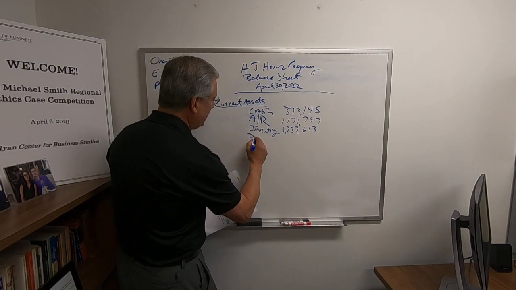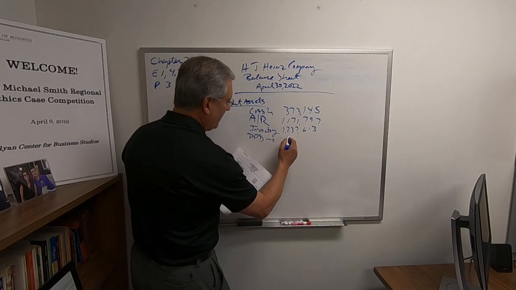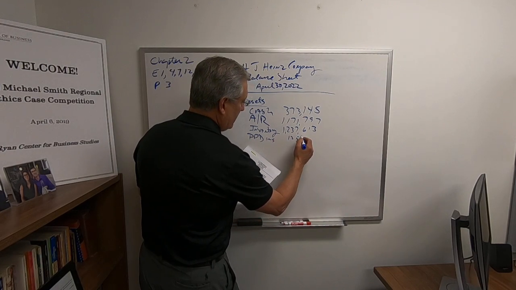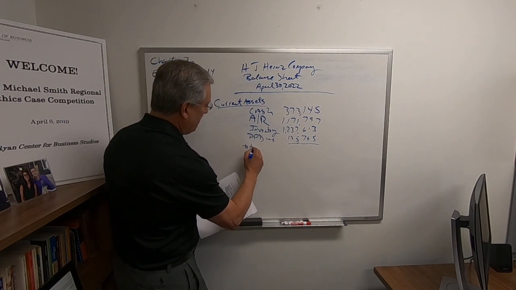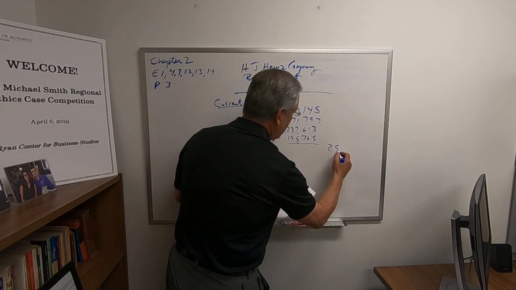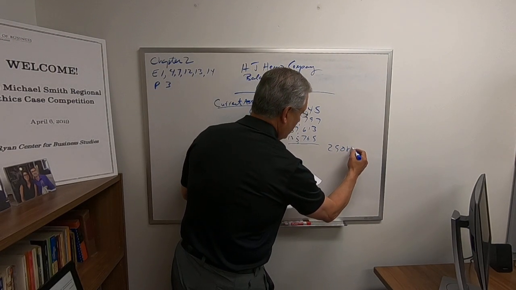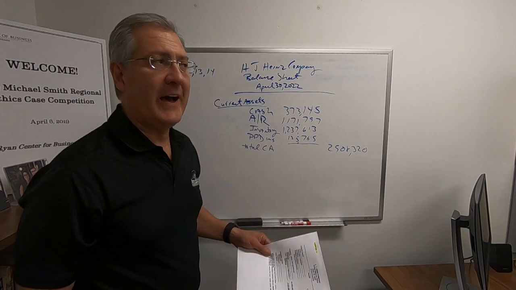And prepaid, PPD, insurance, again abbreviating, 125,765. Total current assets, CA, current assets, 2,908,320.